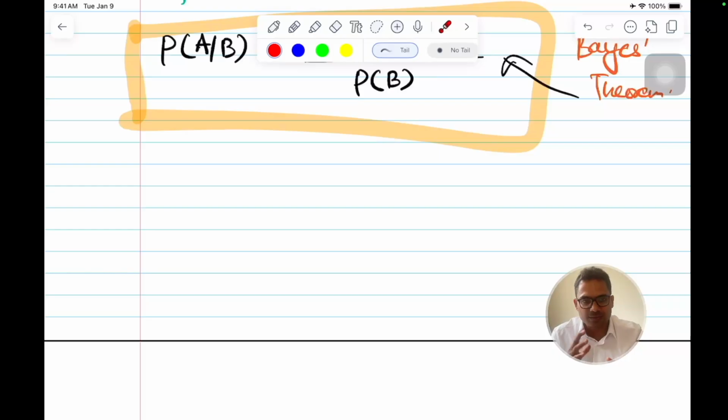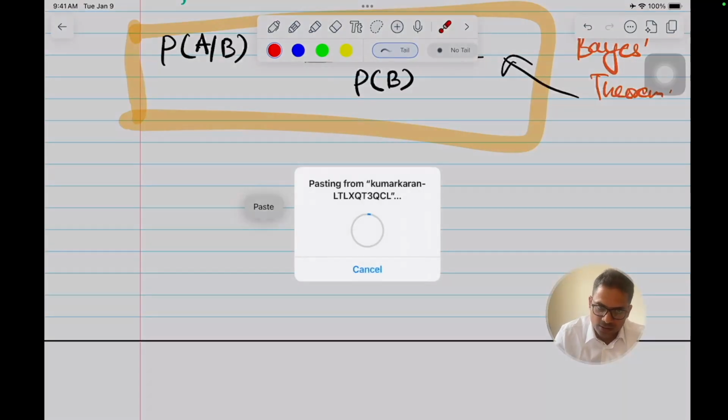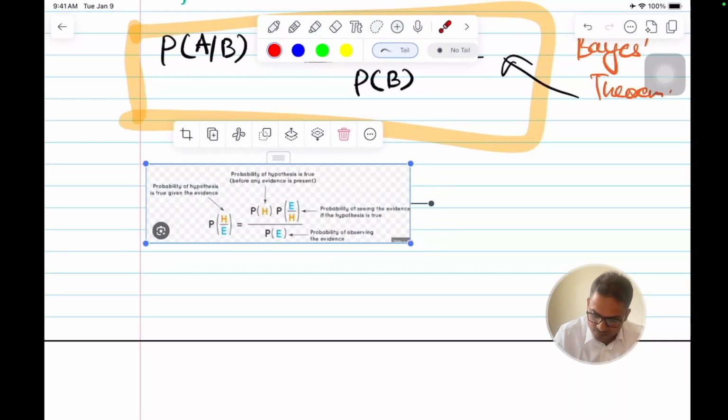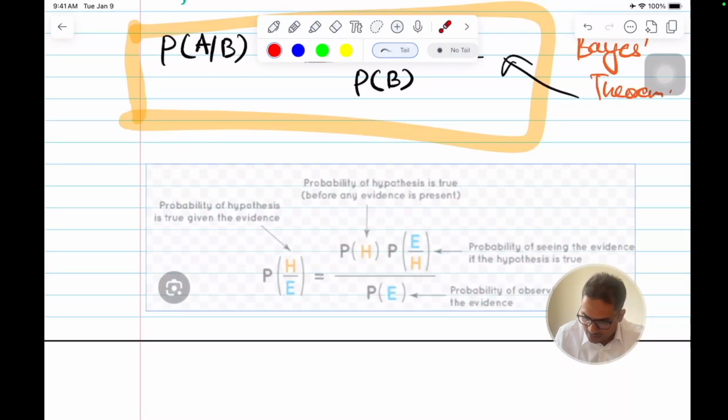I'll give you one more example of this. There's something that you should know. This will be useful for your understanding when we do it later. These are the terminologies I will introduce.